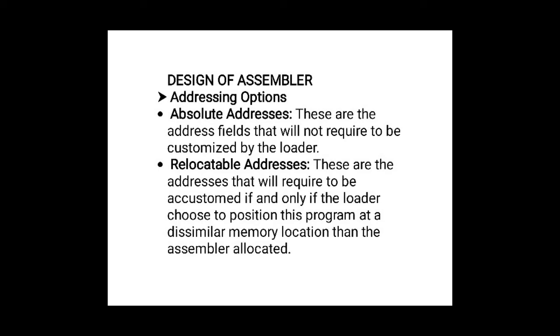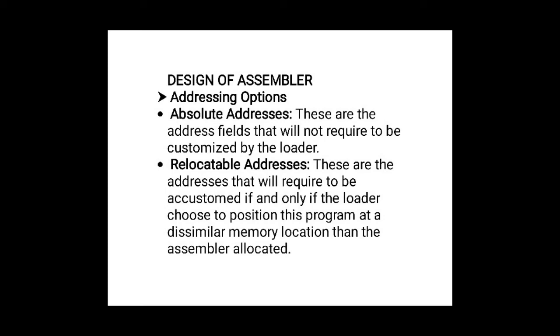Next, when we are thinking about designing an assembler, every assembler has to perform some addressing. In the previous slide, I spoke about forward references and so on. Normally, we have different types of addresses when we go for designing an assembler. Which are those? Let us understand.